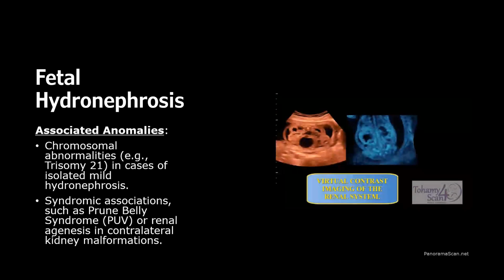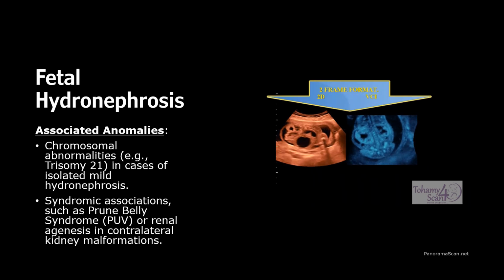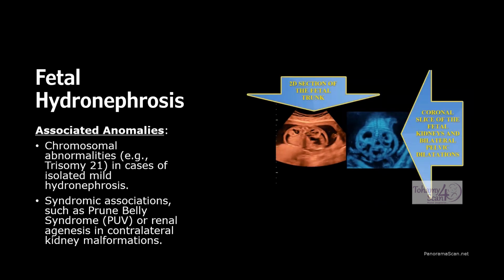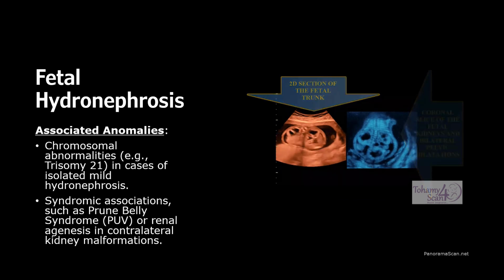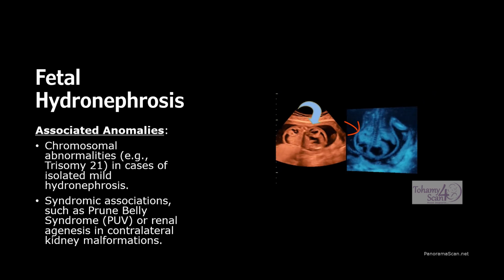On the other hand, renal agenesis can sometimes be present on the contralateral side, with one kidney being severely affected and the other absent altogether. These associations remind us that hydronephrosis isn't always an isolated anomaly.